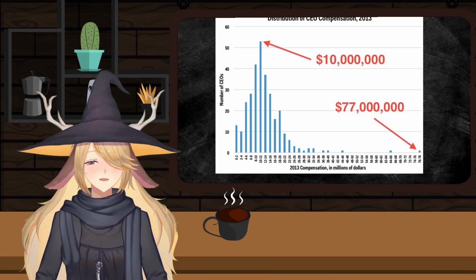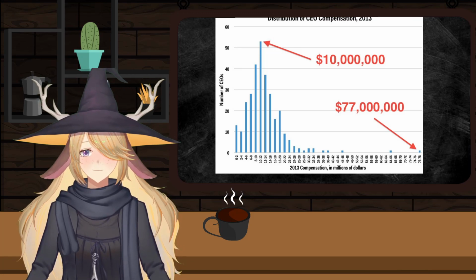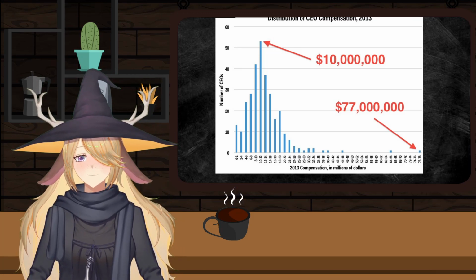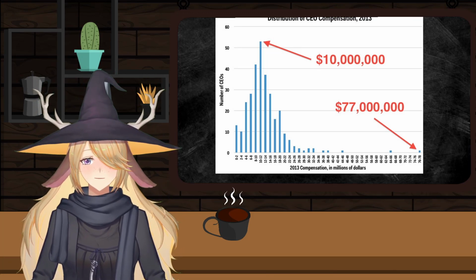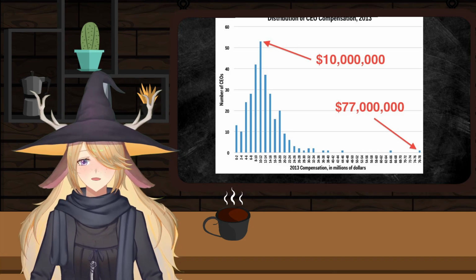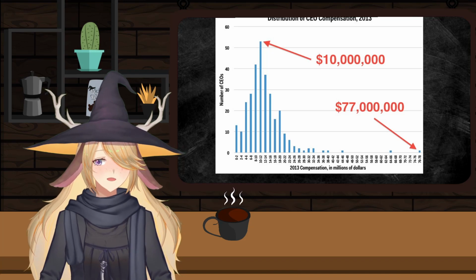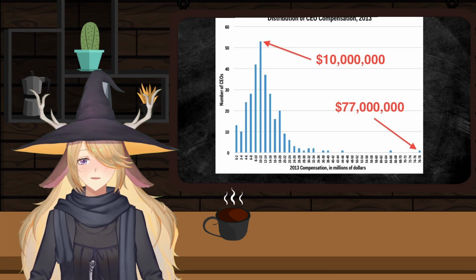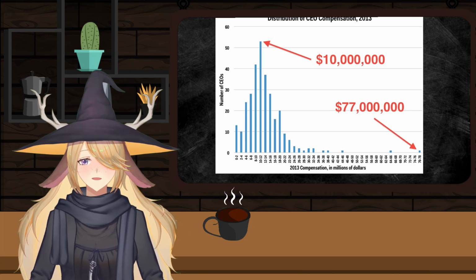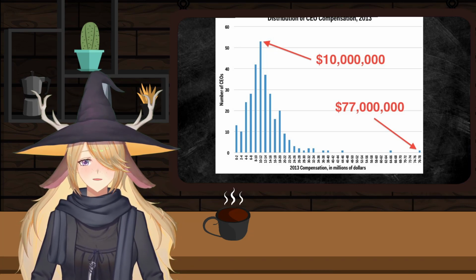So what are we going to talk about here? In this case, we're looking at heavily skewed data. This is distributions of CEO compensation, but you could also take this as, if you want to look at other very skewed data, you could look at average number of viewers on Twitch.